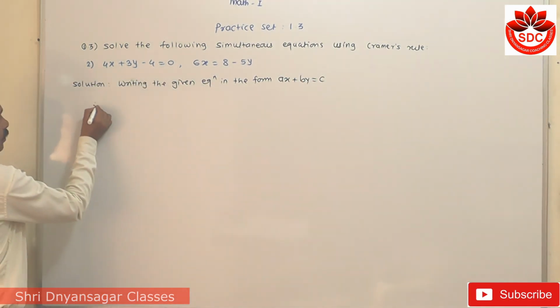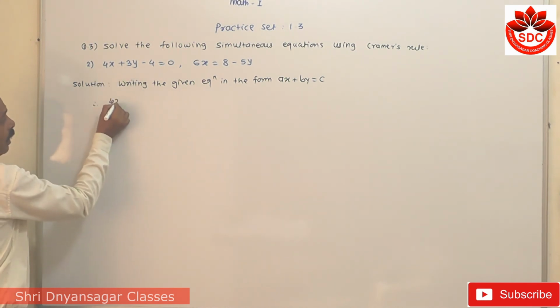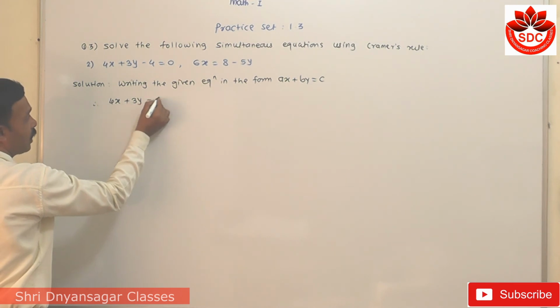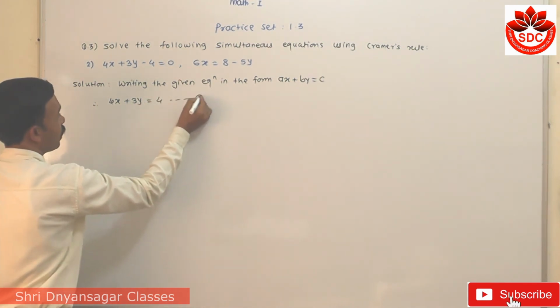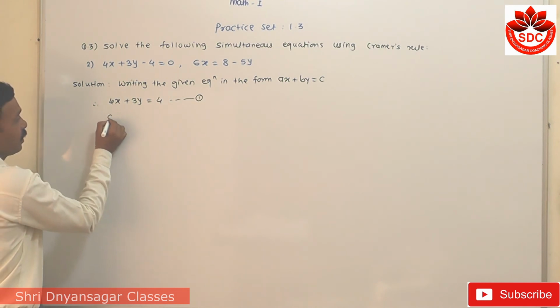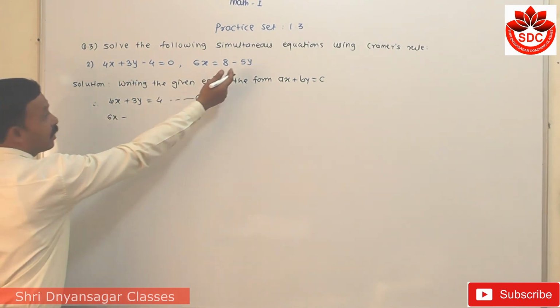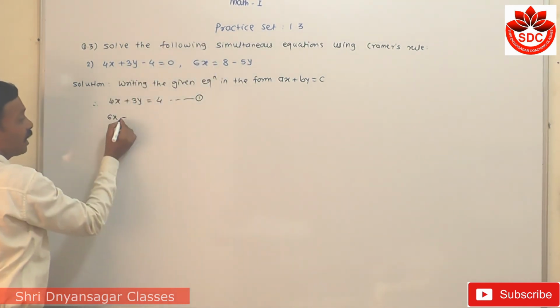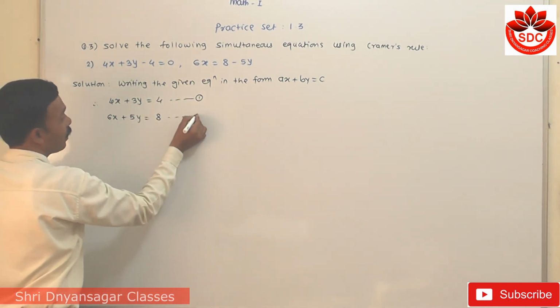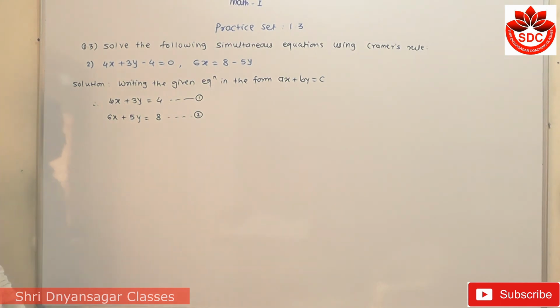Then the equation becomes 4x plus 3y, and this minus 4 transposed to the other side converts as 4. This is equation number first. Then the second one is 6x, this minus transposed to this side converts as plus 5y is equal to 8. This is equation number second.